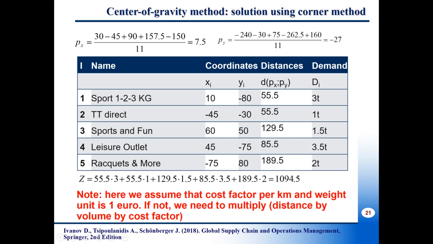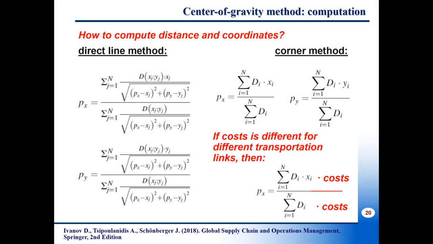Finally, we have the total transportation cost at 1094.5. However, we have to note the assumption that the cost factor per kilometer and weight unit is 1 euro. If not, we need to multiply distance by volume by the cost factor, as we have in the previous slide here, the cost factor, right?